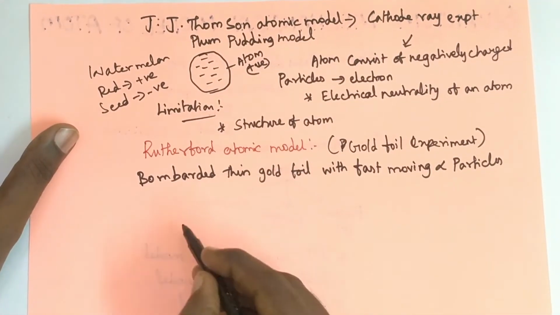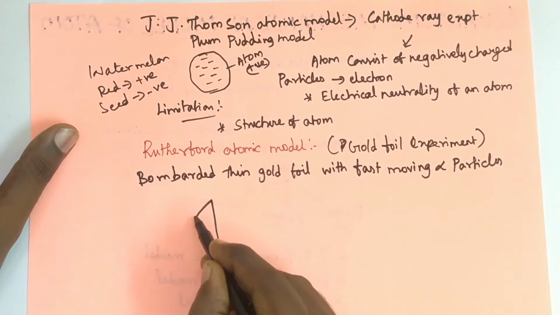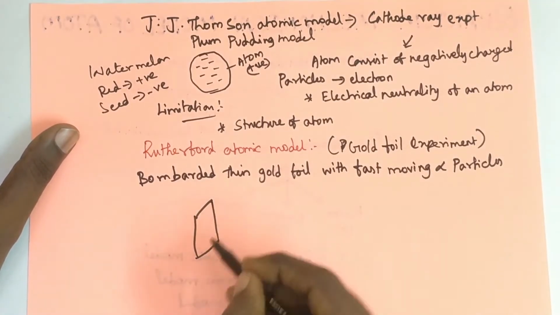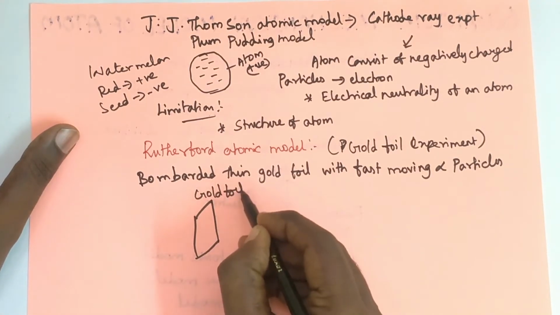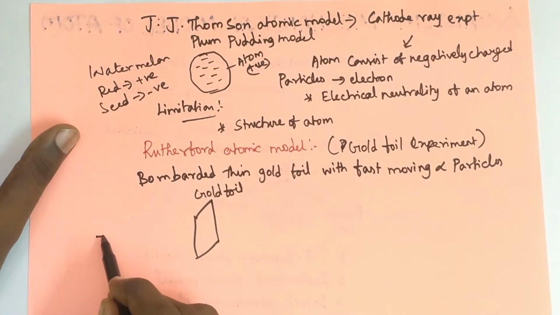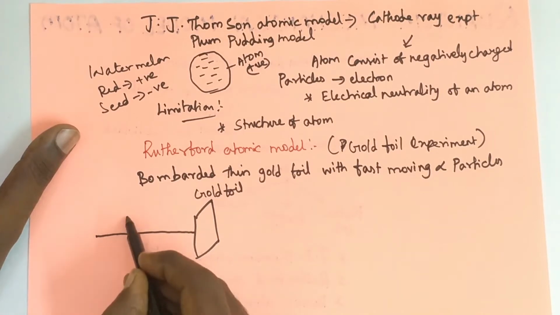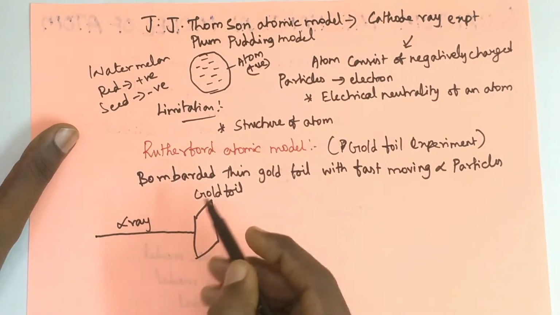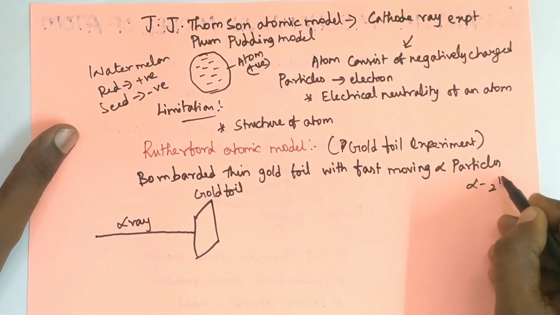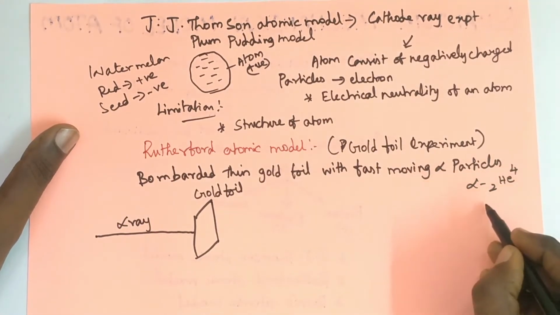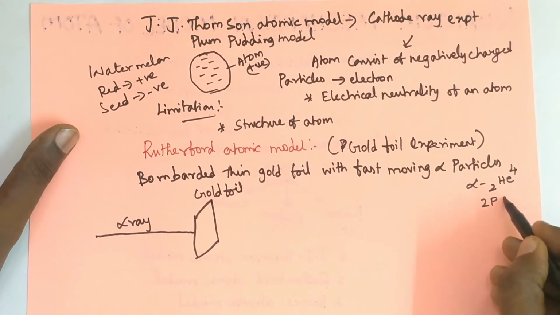Suppose you take the gold foil, and in this you pass alpha rays. Remember, alpha means 2He4, which contains 2 protons and 2 electrons.